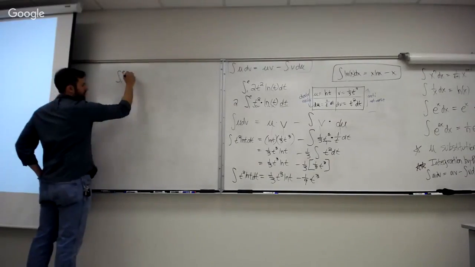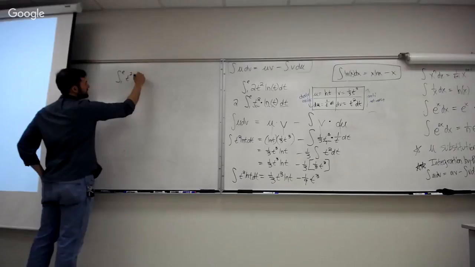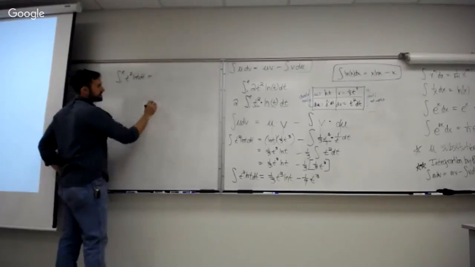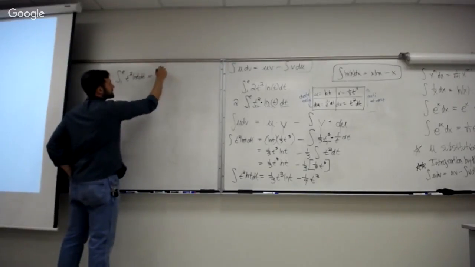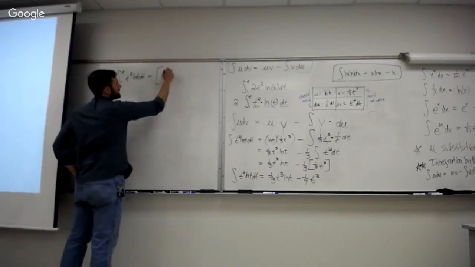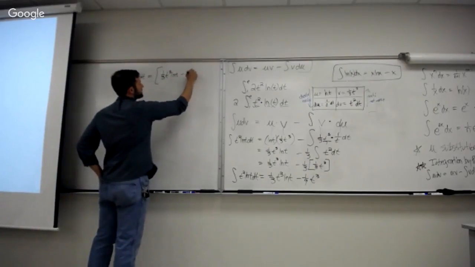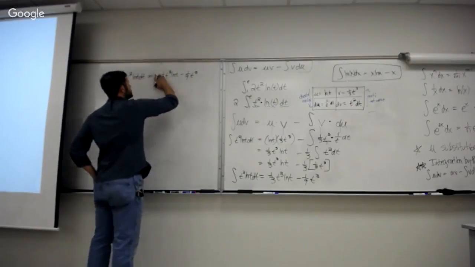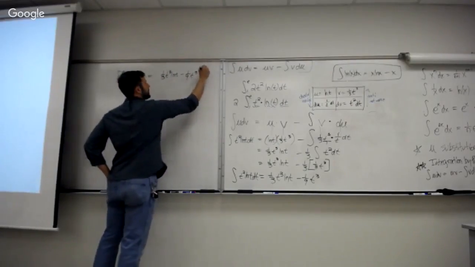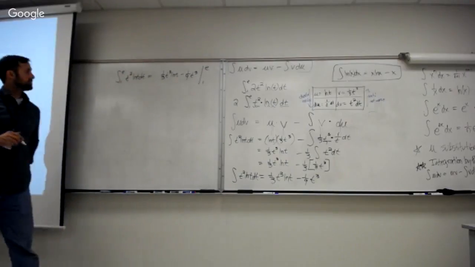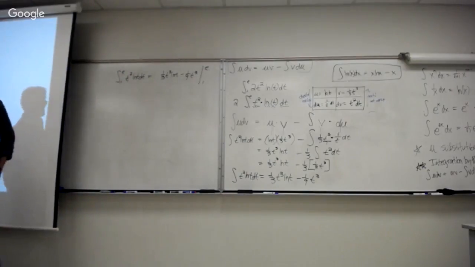So to integrate from 1 to e means that once you take the integral, it's going to be 1/3 t cubed natural log of t minus 1/9 t cubed. We're going to evaluate that from 1 to e. So you put that big evaluation line at the right-hand side.